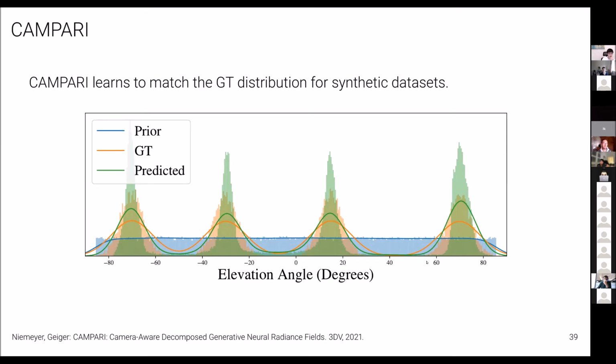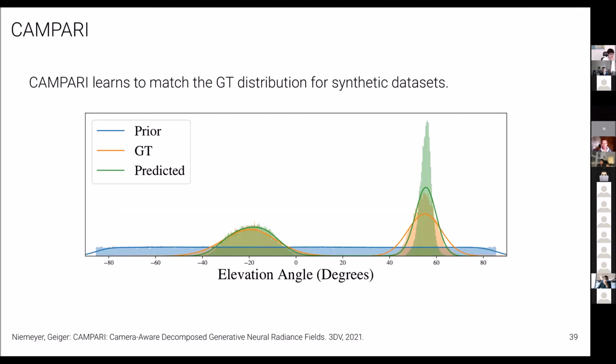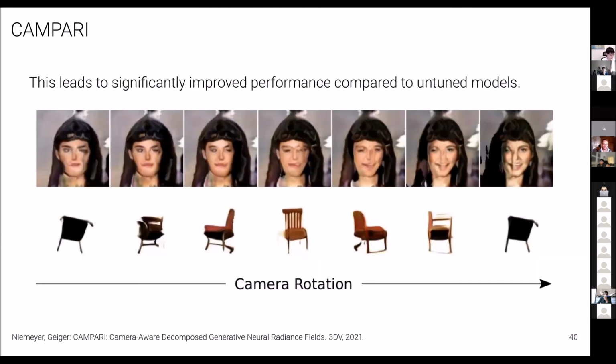So there's 4 elevation angles that are more likely than the others. Or here's another example where we start from a uniform distribution and then learn to approximate these 2 modes of this different data set. And this has quite some impact on the results.